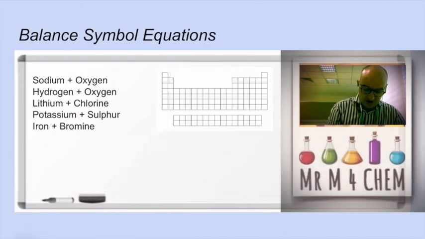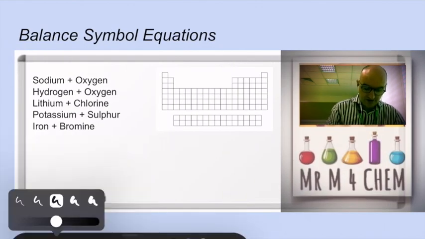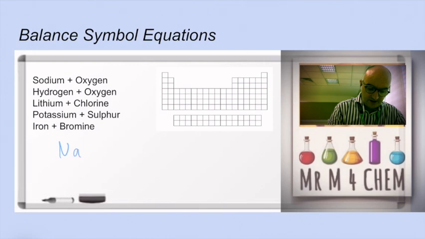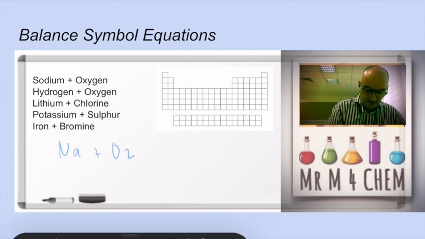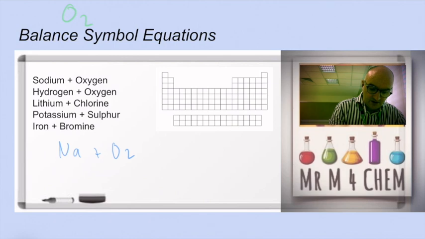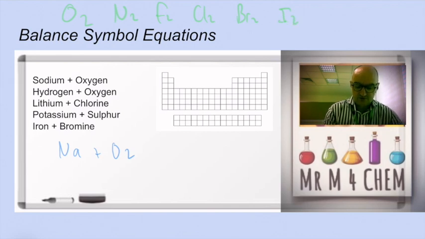Now, balance symbol equations. We're using the same molecules so that hopefully it aids in understanding. So we've got sodium plus oxygen, Na plus O2. You need to know all of the diatomic molecules, so you need to know O2, N2, F2, Cl2, Br2, I2, and there was one more, H2.